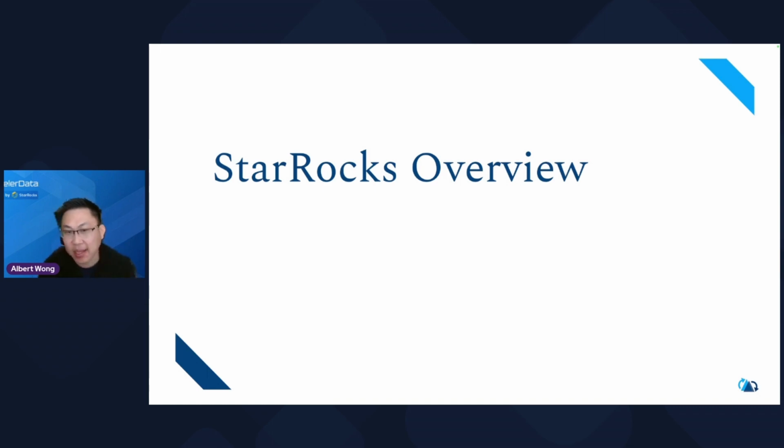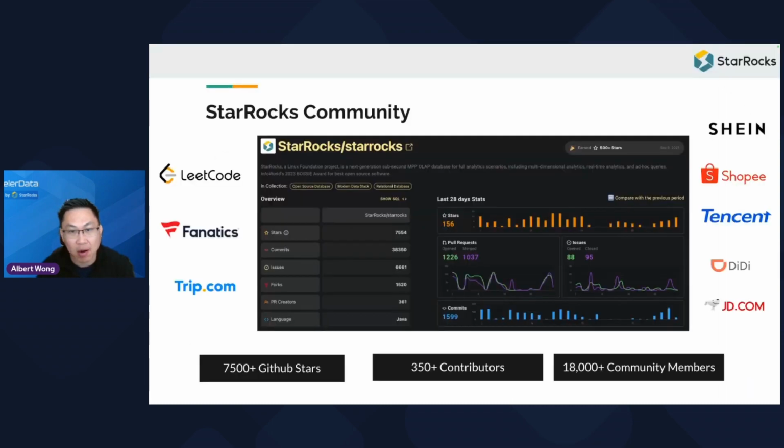OLAP database, obviously we're using it for analytical workloads. What do we mean by real time? That means that we can do sub-second response times on petabytes of data or more. And next generation, I'll talk a little bit more about what that means and what some of the characteristics of having a next generation system are.